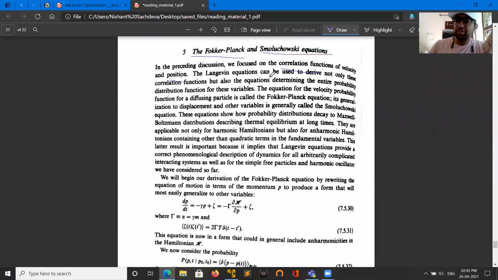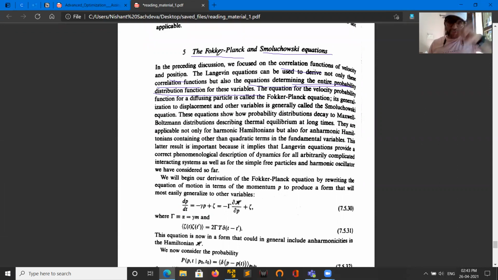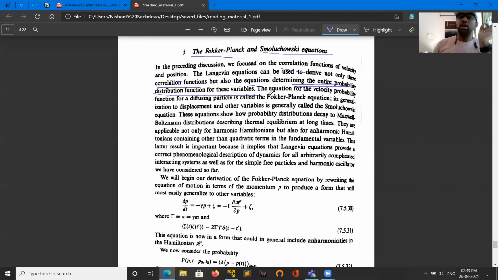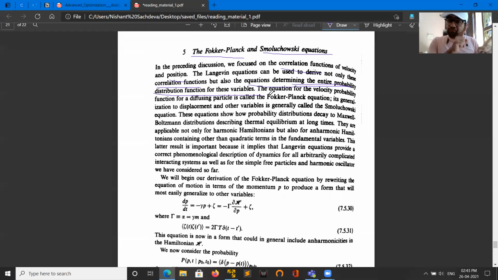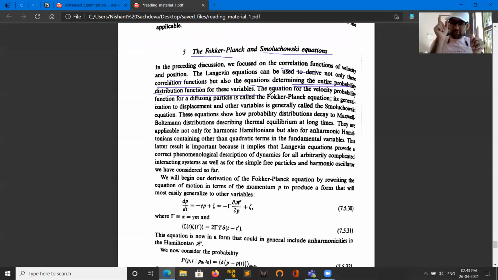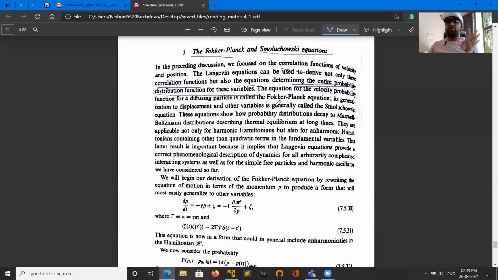The Langevin equations can be used to derive not only these correlation functions, but also the equations determining the entire probability distribution functions for these variables. The equation for the velocity probability function for a diffusing particle is called the Fokker-Planck equation.